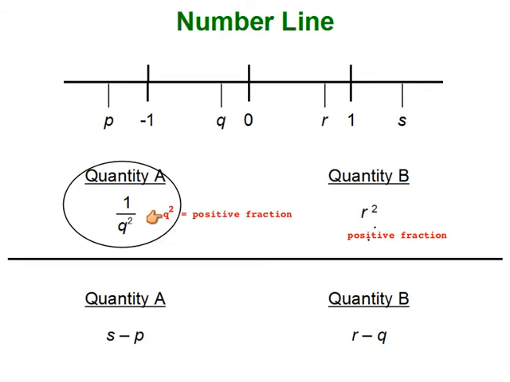Whether Q is 1/2, for example, well, Q squared is going to be a 4th. Flip that over, you've got 4 on this side, positive integer, but you'll always have a positive fraction less than 1 in column B. For the second problem, a little more challenging perhaps because of the subtraction element involved.